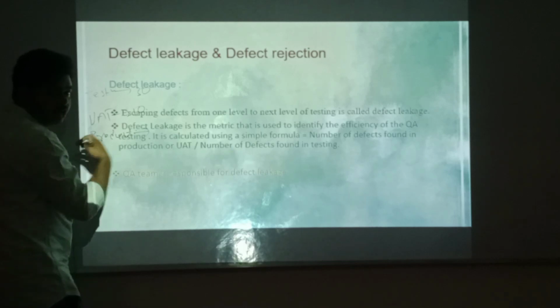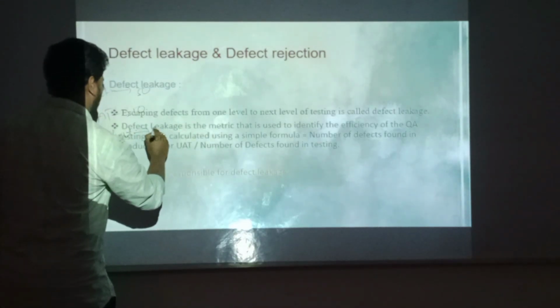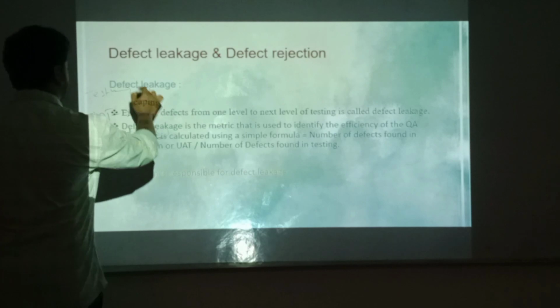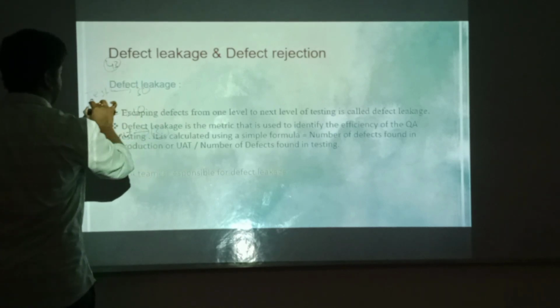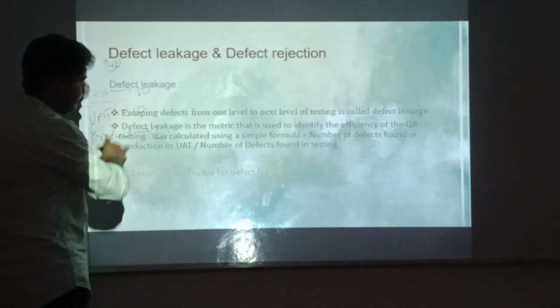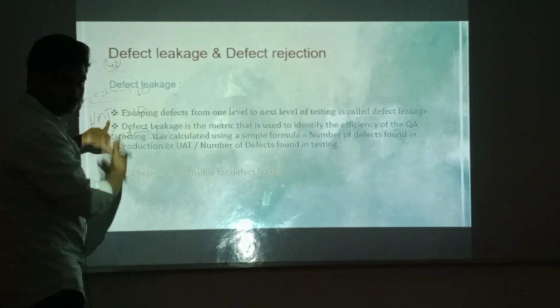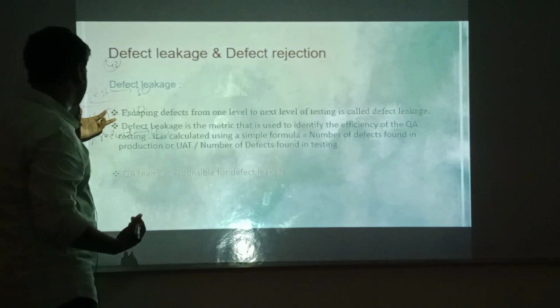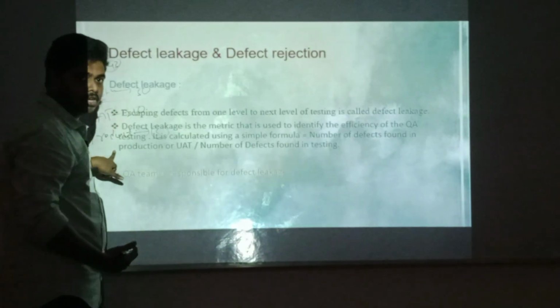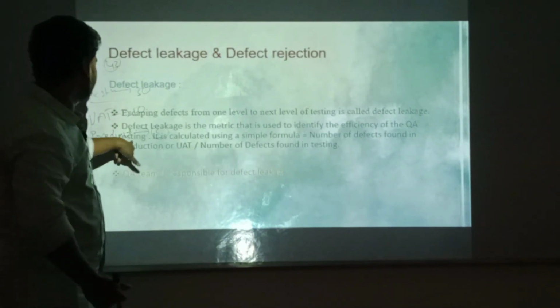Production server defects are found by users, and the users are the clients. So we needed to find 43 defects in the testing server. That is our actual goal, but we had 10 defects leaking from the testing server to UAT, and 3 defects leaking to the production server. It is the defect leakage.